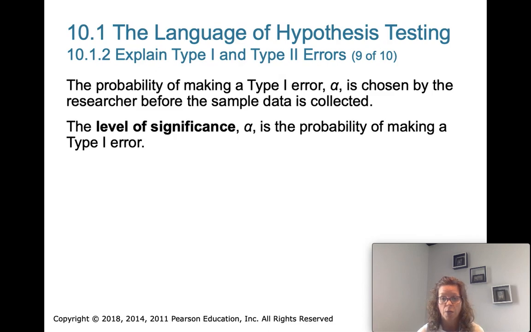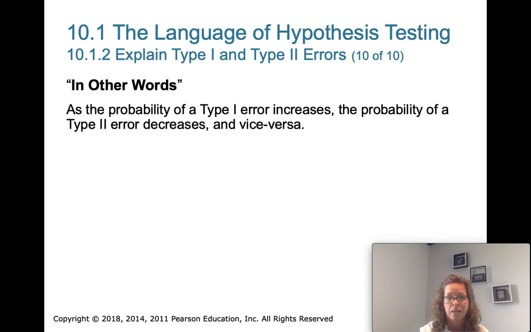So when we learned about those confidence intervals, where we said this is what our sample measurement is, but we're going to give ourselves that margin of error, we were confident at a certain percentage level. 90, 95, 99 are our common levels. Alpha lines up with that, except that it is the flip side of that.